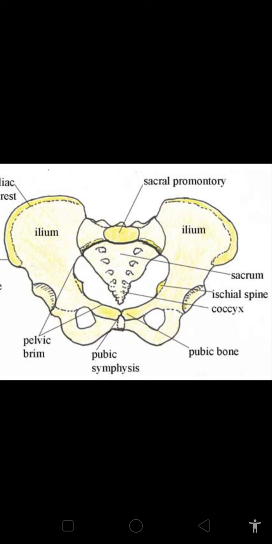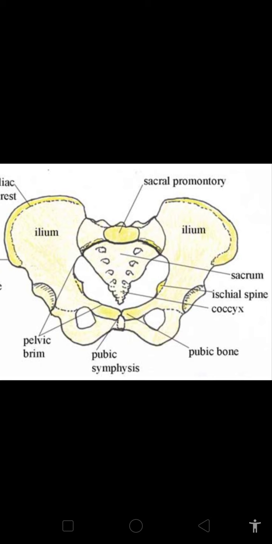It consists of the lower border of the symphysis pubis, sacrococcygeal joint, and sacroischial spine, and it is roughly oval in shape.